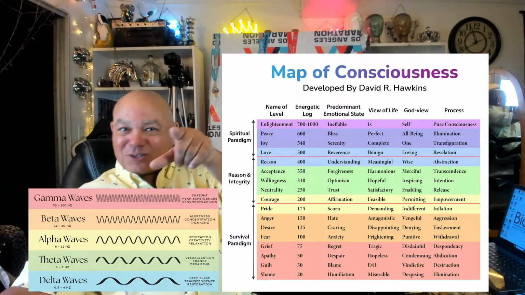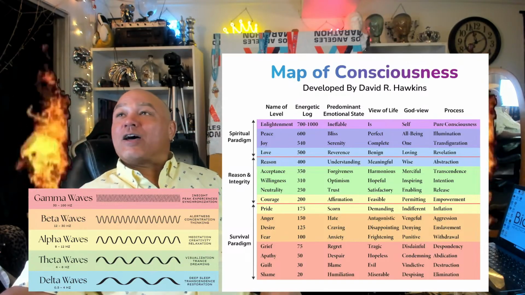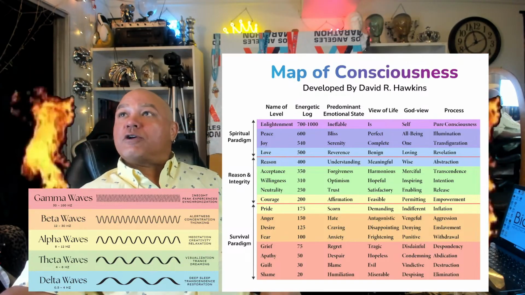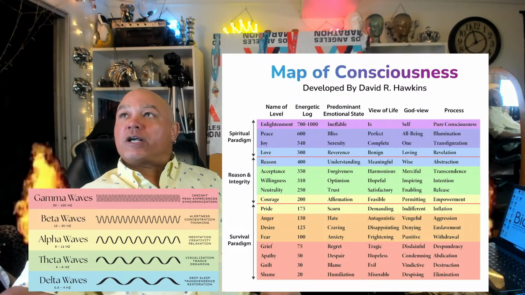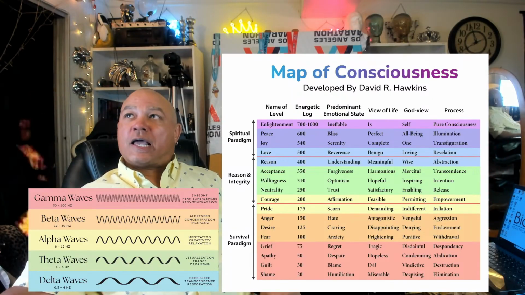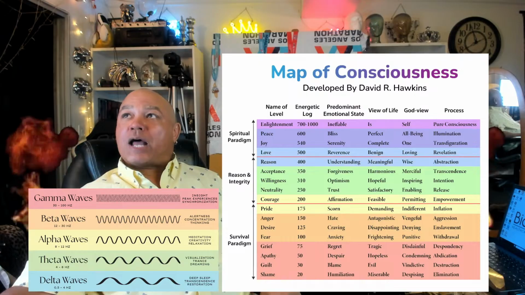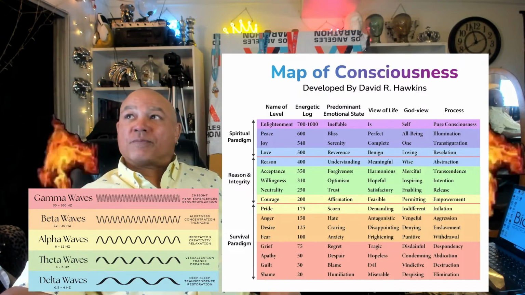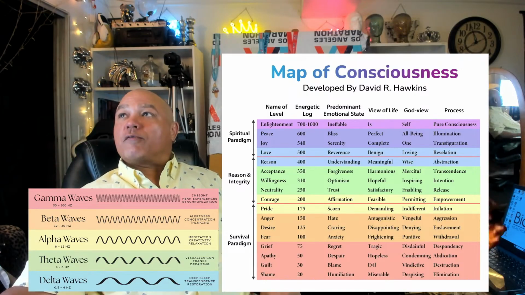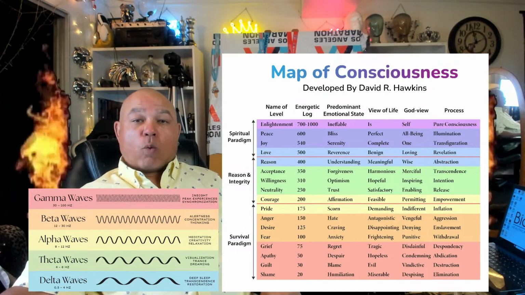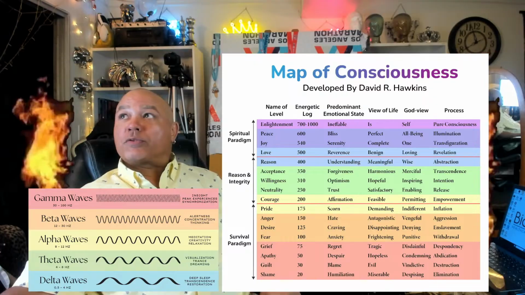All right, now up in Joy, the Joy stage. Shout out to my Aunt Joy again. I love you. The energetic log is 540. That's very good. And the predominant emotional state is serenity. The view of life is that life is complete. The God view is a state of oneness. You're one with God.